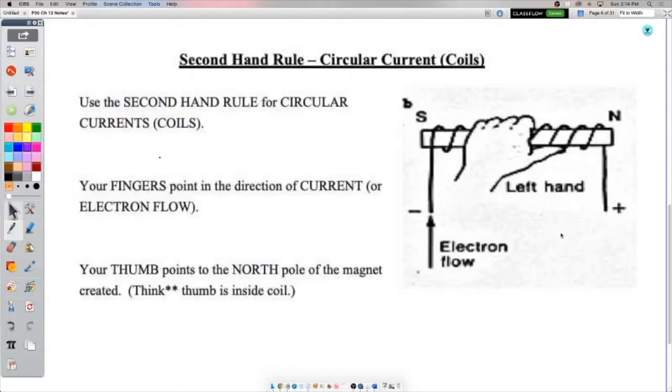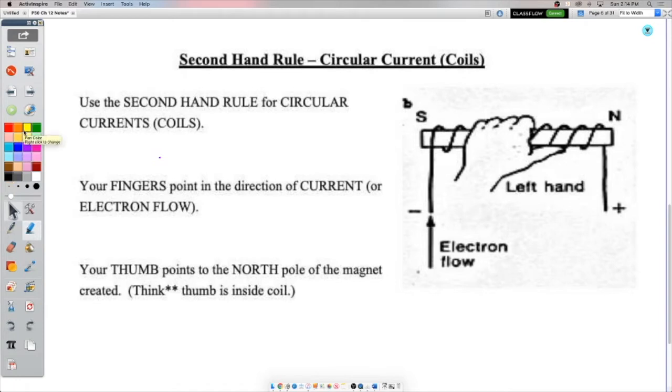Okay, so is there an easier way when we have a circular conductor than using the first hand rule a whole bunch of times and figuring out all the interactions? Yes, there is. I just wanted to show you that it's not really a different idea. It comes from the same place, but there is a better rule to help you wrap your head around it.